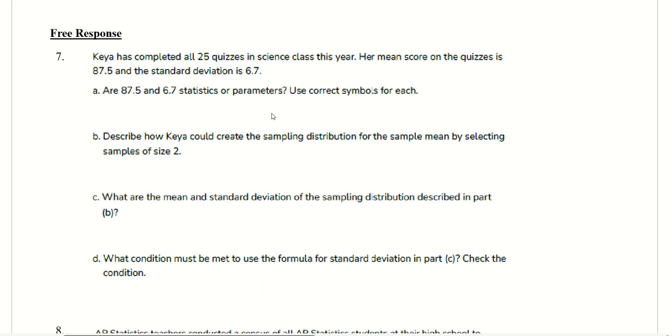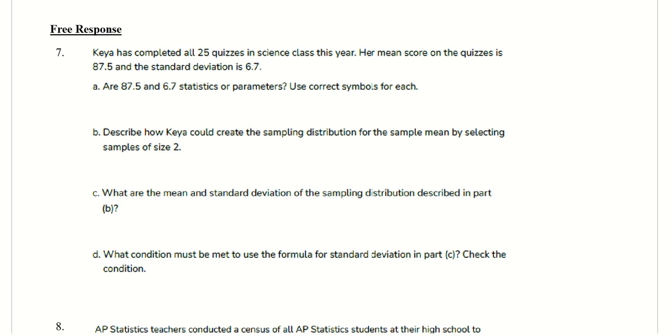All right, so Kia has completed all 25 quizzes in science class this year. Her mean score on the quizzes is 87.5, and the standard deviation is 6.7. Okay, are 87.5 and 6.7 statistics or parameters? Well, it says all 25 quizzes in science class that year, and they're saying that the mean is that. So these are parameters, guys, because it's all, it's the population, right? So all 25 quizzes, it's all population.